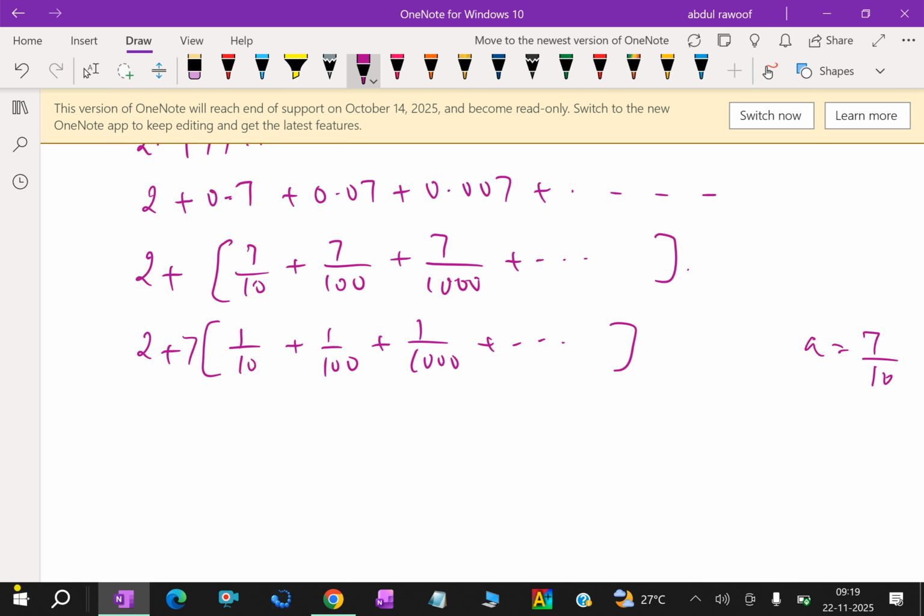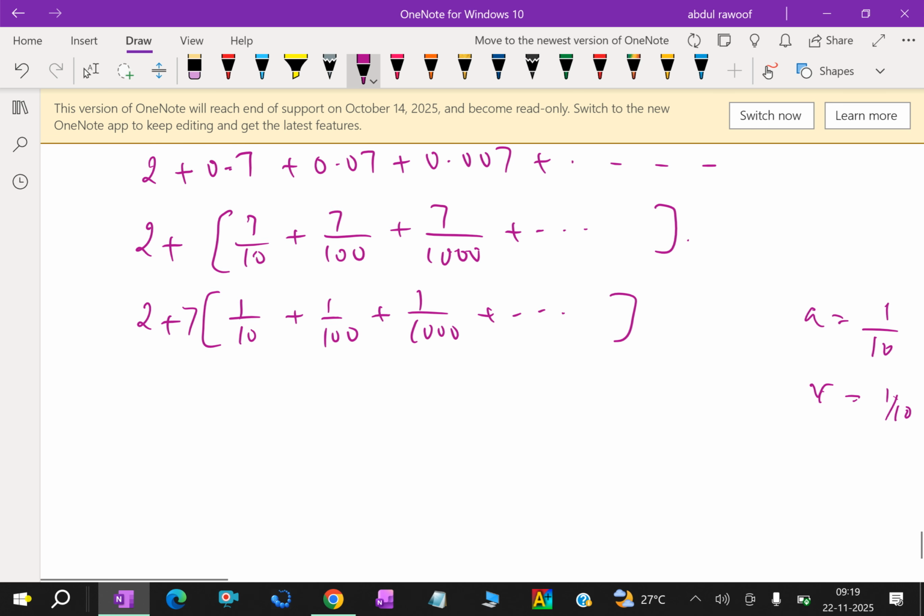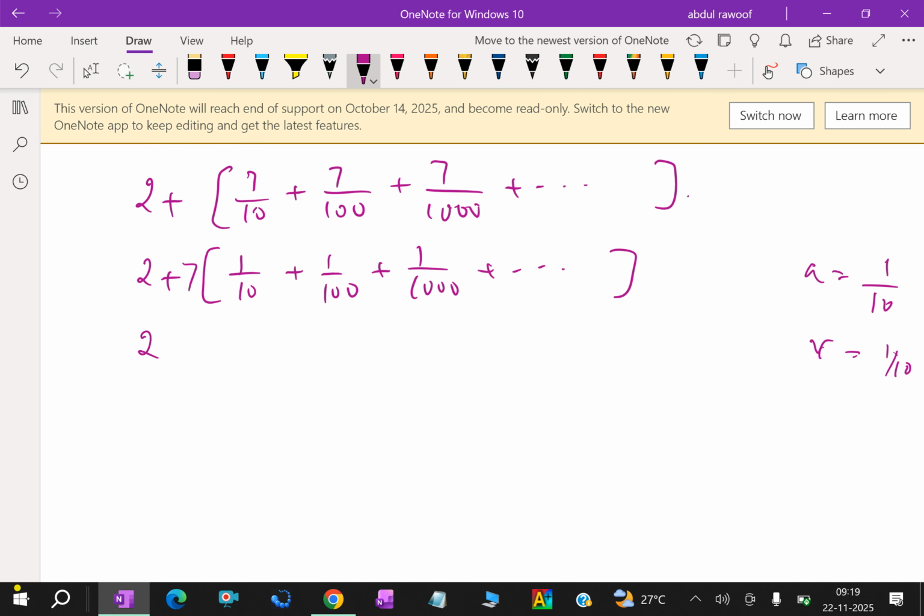Here A, the first term, is 1 by 10, common ratio is also 1 by 10. Here the sum up to infinity of this geometric series is A over 1 minus R, which is equal to 7.